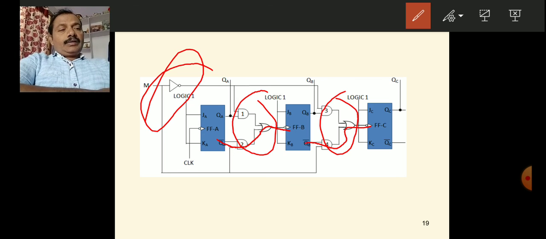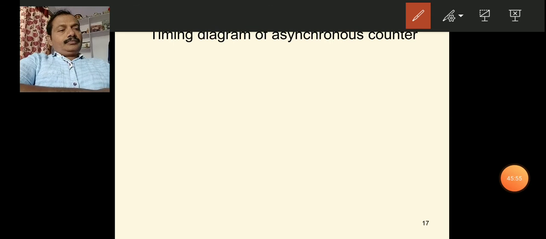Let me tell you one example out of this. Now let us see the gate structure, how the gate and control signal facilitate us.